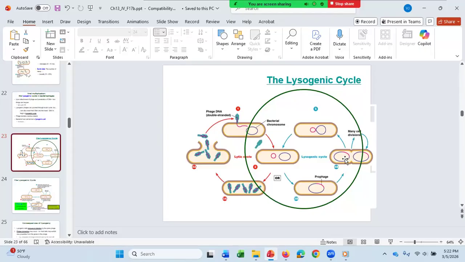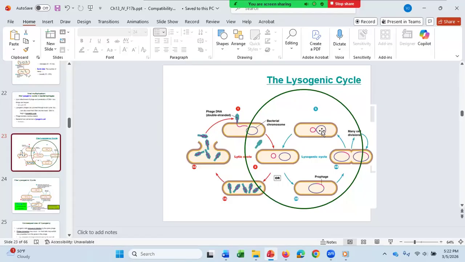But every once in a while, for reasons that are largely still not understood, at least well, by biologists, the virus, which was in the prophage, meaning integrated into the host cell's chromosome, can leave the host cell's chromosome. We call that excised. And then the virus enters the lytic life cycle.